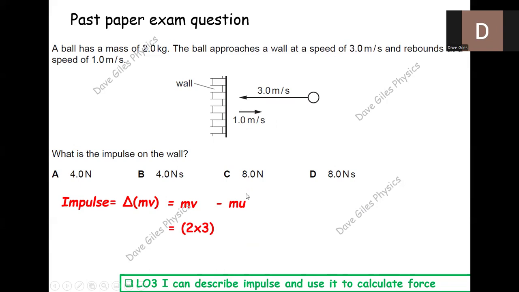So 2 times 3 minus... Now, what you've got to take into account here is the fact that it's now going in the opposite direction. So because it's going in the opposite direction now, you have to put a negative with the speed. So it's 2 times 3 minus 2 times negative 1, which gives you 8, and the units are newton seconds.